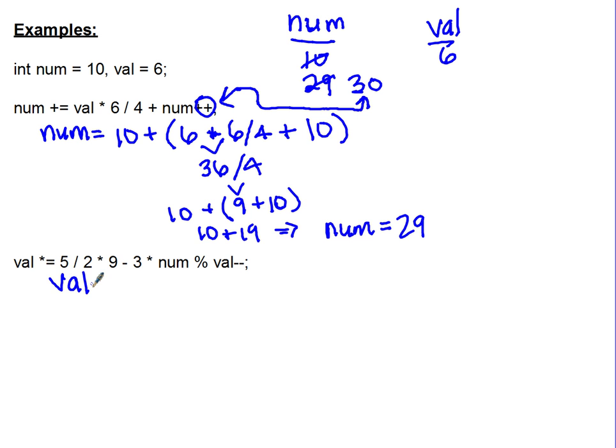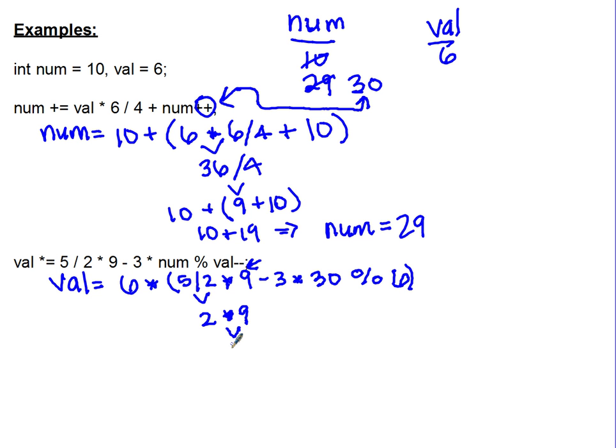And here I have val equals val times 5 divided by 2 times 9 minus 3 times num, which is now 30, mod val, which is currently 6. This minus minus will come into play later. So what do I do first? What's inside the parentheses? 5 divided by 2 gives me 2, times 9 gives me 18, minus, I have to evaluate 3 times 30 is 90, mod 6 is going to give me 0.